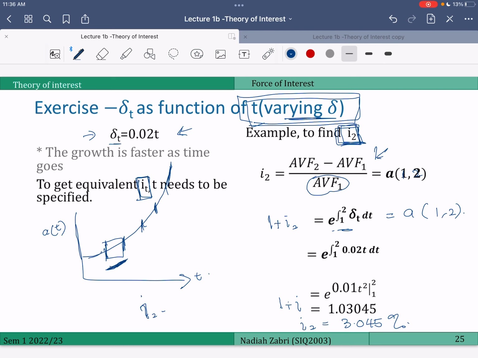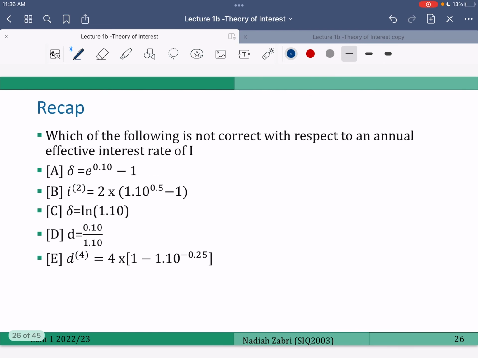Okay, next, let's recap. I suggest that you go through these questions yourself, pause this video, and only if you get stuck, proceed to look at the working in the remaining of this video. Which one of the following is not correct with respect to an annual effective interest rate of 10%?